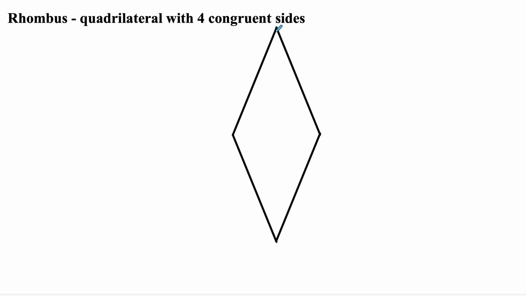But it also gets perpendicular diagonals that also happen to bisect each other. Now, it gets to bisect each other from the fact that it's a parallelogram, but it also means, and this is similar to what a kite does, that the opposite angles are bisected by the diagonals.